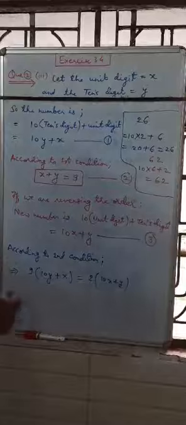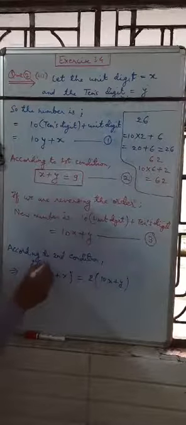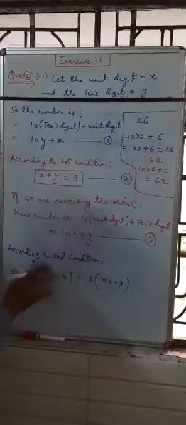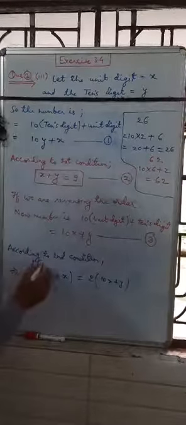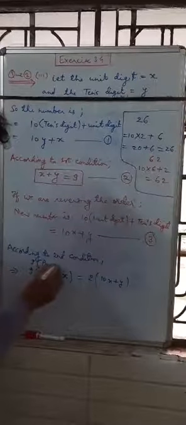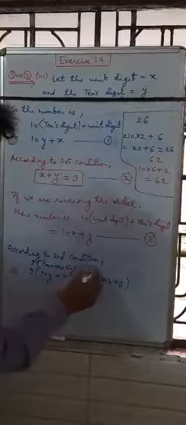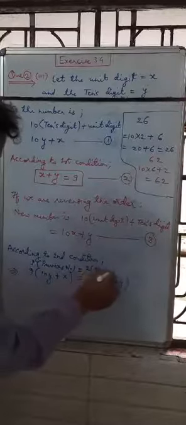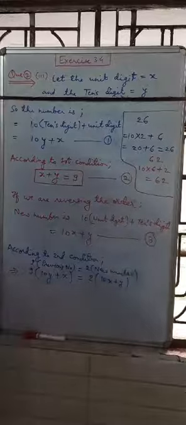Now 9 times the old or previous number is equal to 2 times the new number found by reversing the order.